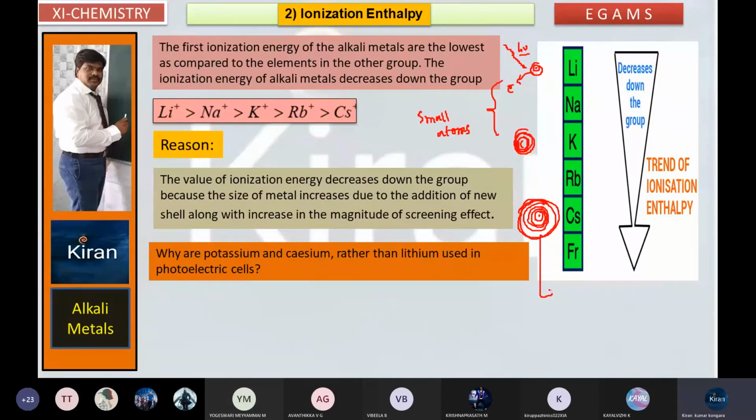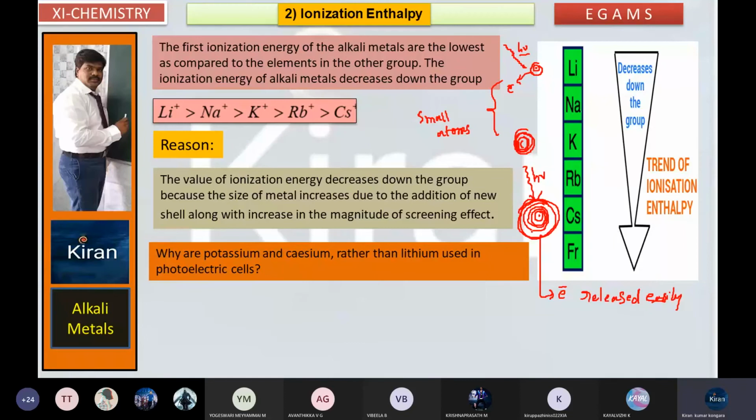Cesium can emit an electron easily, because its atomic size is high. When energy, hν, is incident on this cesium metal, it releases an electron easily. This is called a photoelectron. So instead of lithium and potassium, for releasing electrons we can use cesium.